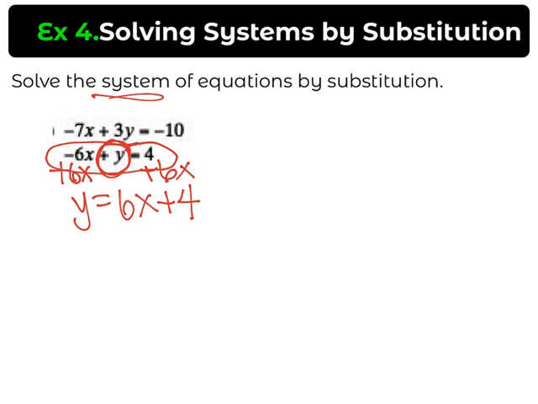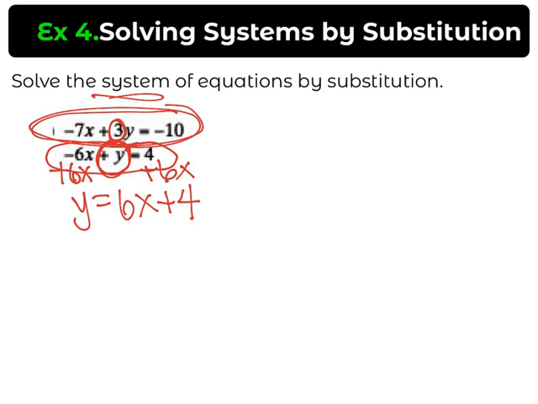You can always solve this one for x or y, but if you do, you're going to end up having to divide by that 3, and a lot of times that means you're going to end up with fractions, and I know how much we hate fractions.